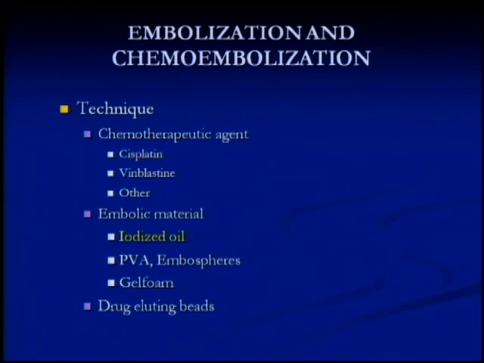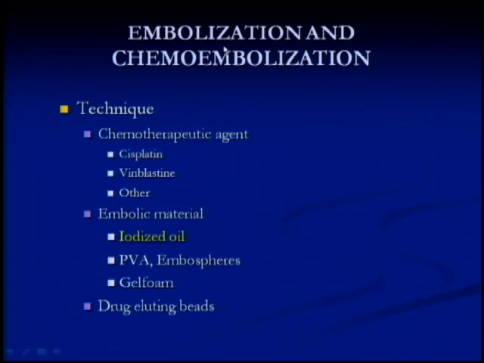The chemotherapeutic agents which have been used for this procedure include cisplatin, vinblastine, and some others in other studies. And there are a number of embolic materials available which can be used. One is iodized oil, which is basically a poppy seed oil. It's partly an embolic agent, but also acts as a vector and carries the chemotherapeutic agent directly to the tumor.